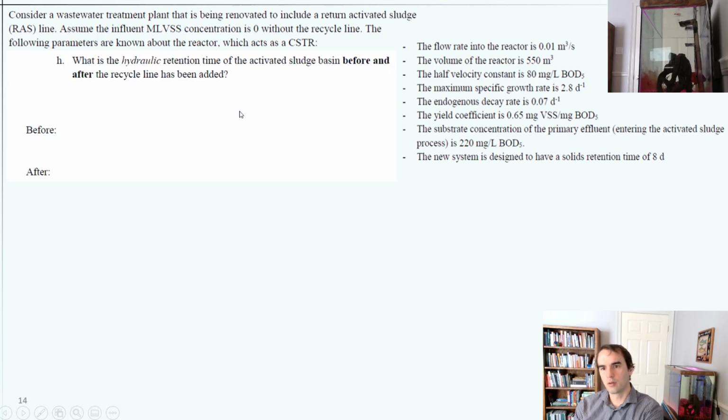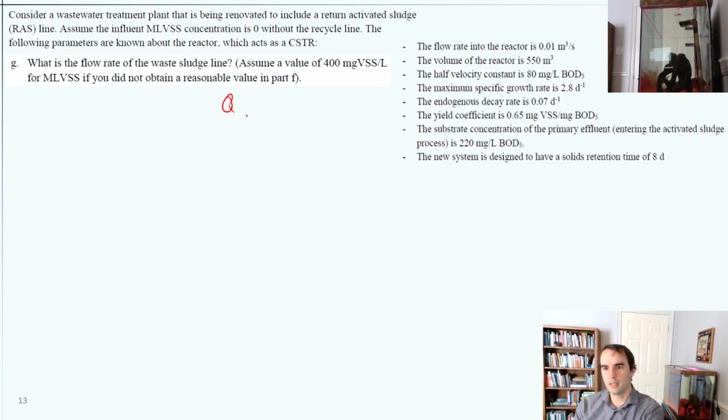I tell you to go ahead and assume a value of 400 milligrams VSS per liter in place of whatever value you calculated before. So this essentially is going to use the equation we derived for QW. I'm going to go ahead and let you solve that on your own.